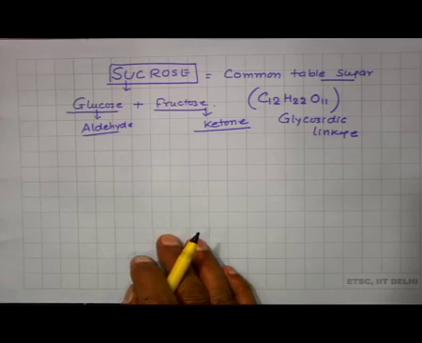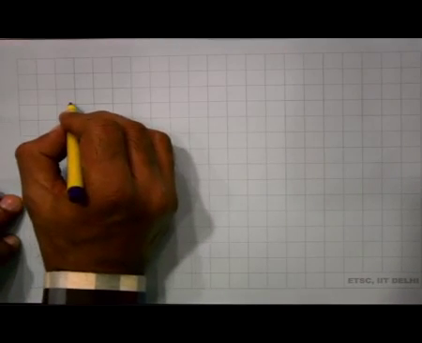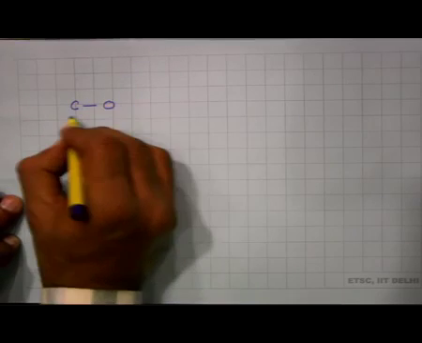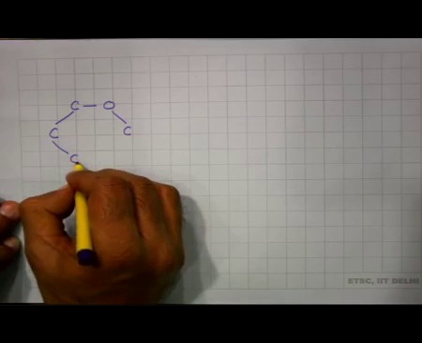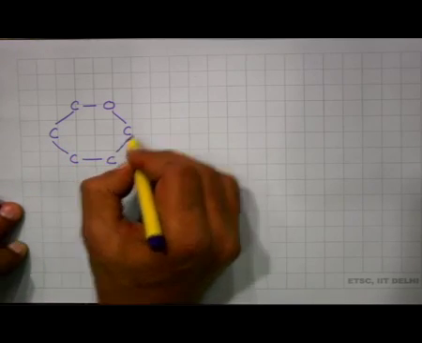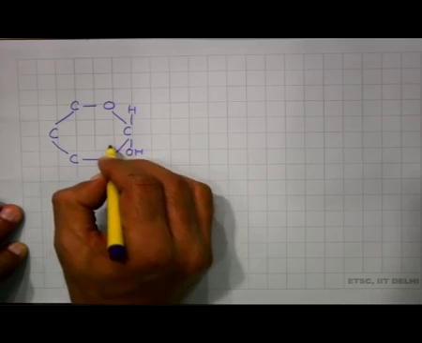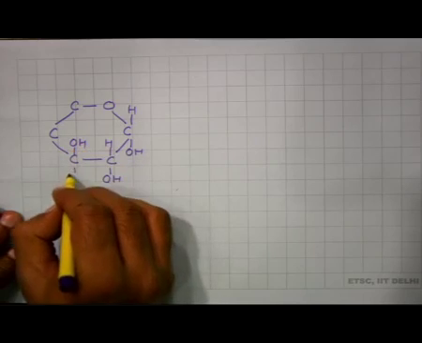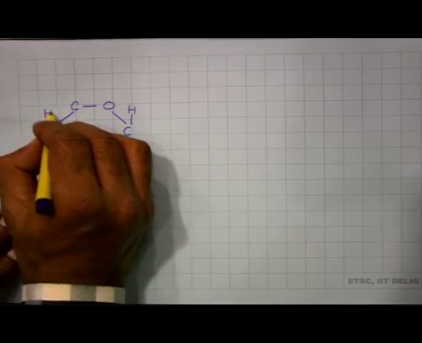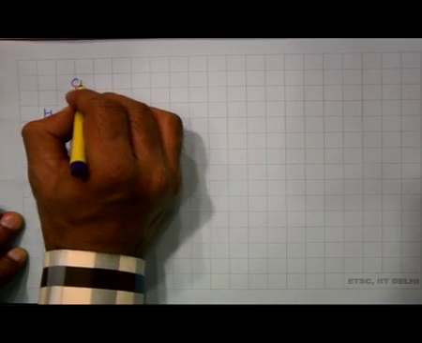Now, write the structure of sucrose. Firstly, you can write the structure of glucose. You can easily write the structure of glucose. See here, H OH, H OH, OH H, H OH, H, CH2OH.